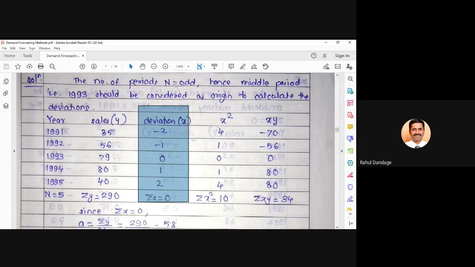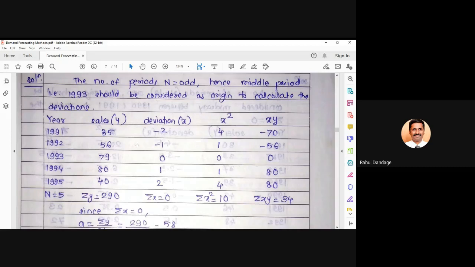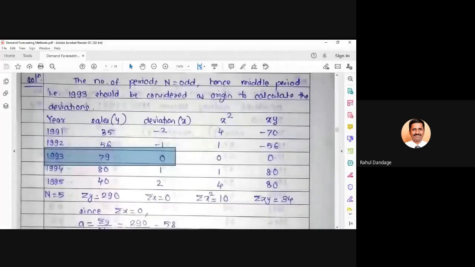So in the deviation column, if you check the middle period, that is 1993, we have assigned the value 0.